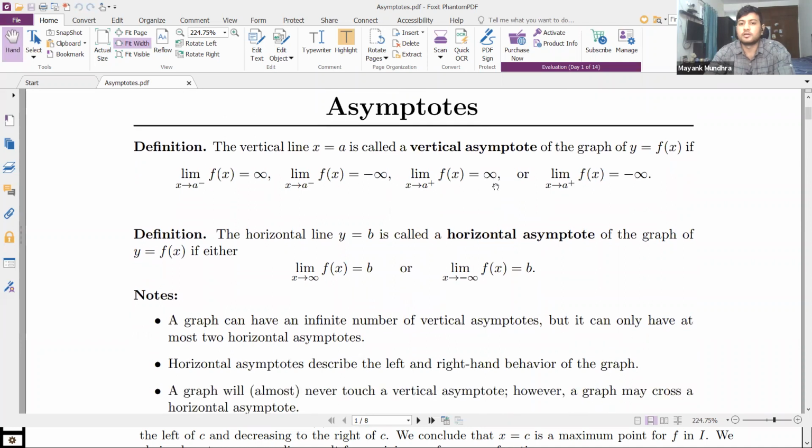Asymptotes are basically some line which the function is tending to at infinity. So as either x or f of x goes to infinity, the function becomes that line. There are vertical asymptotes, horizontal asymptotes, and slant asymptotes as well.